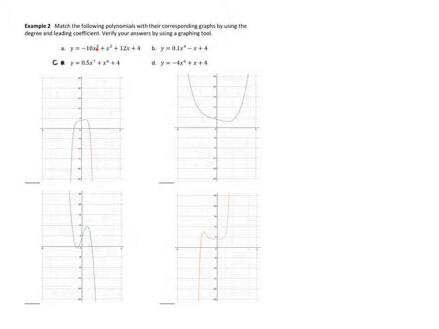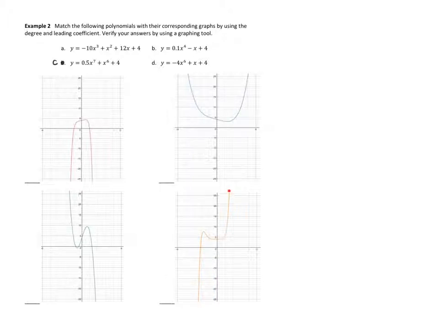The degree is 3, and the leading coefficient is negative. So I need something that is going up on one side and down on the other, but it's going to be flipped from what we saw in the previous example. It can't be this graph, and it can't be this graph, so we're left between this one and this one. So this goes down on this side and up on this side.